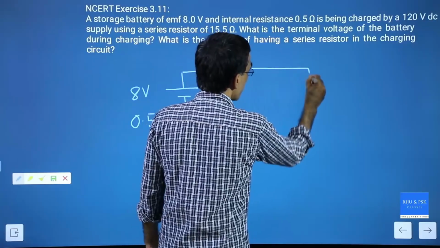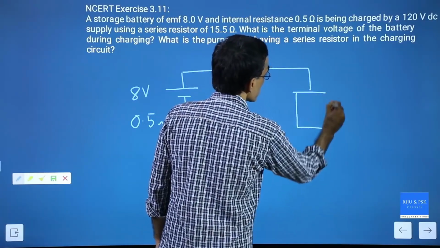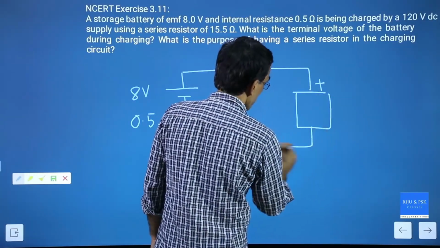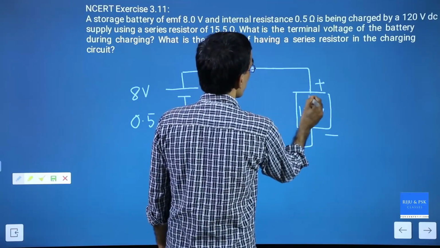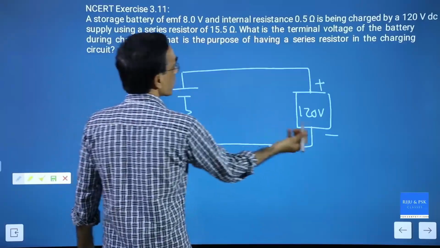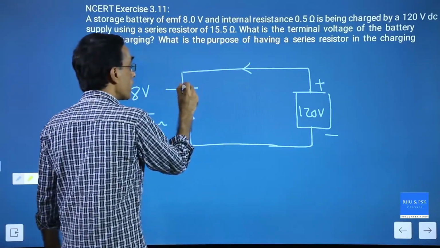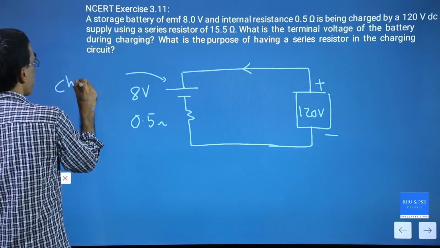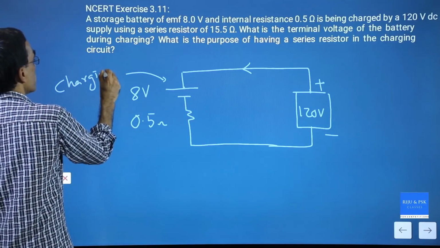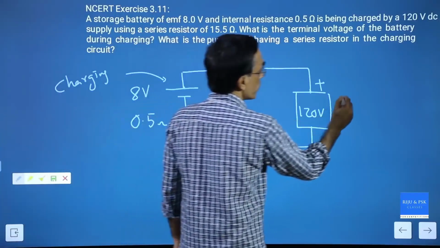So there is another source here, positive here, negative here, with 120 volt. This is 120, this is 8, so current will flow in this direction and enter the positive terminal, so this is charging. And this one is discharging.